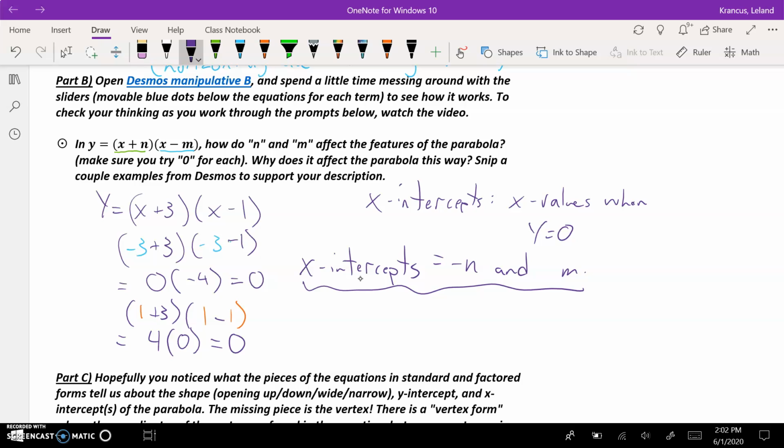What I'm trying to say by the way that I wrote that is just that the x values of the x-intercepts are going to be the opposite values of that n and m. So if you have a plus 3, then x is negative 3 would make that expression equal to 0. If you have x minus 5, then it would be a positive 5. It would make that expression equal to 0, and it would be that 5 that would be your x-intercept.